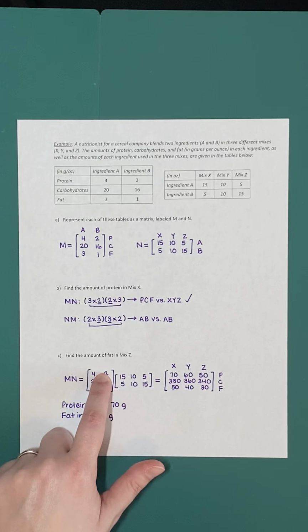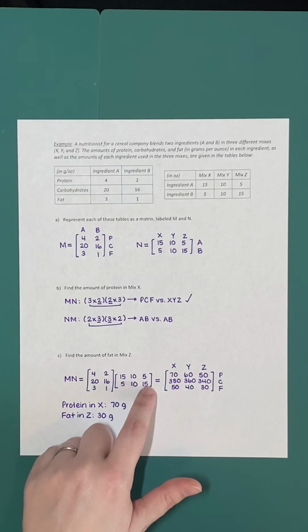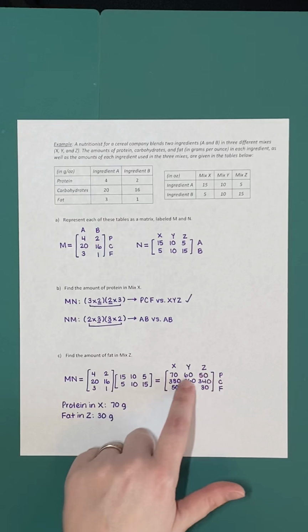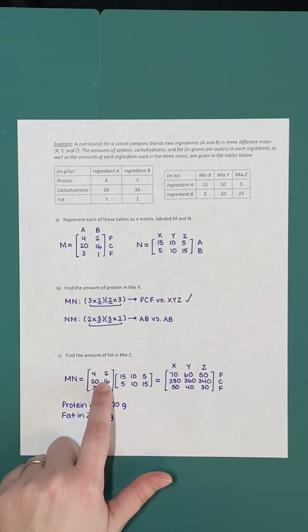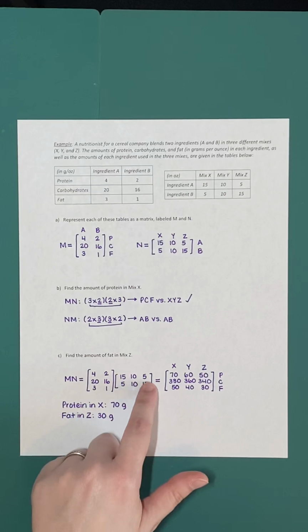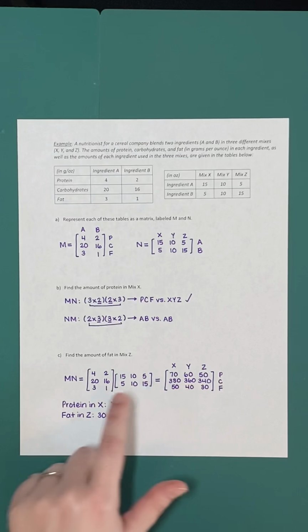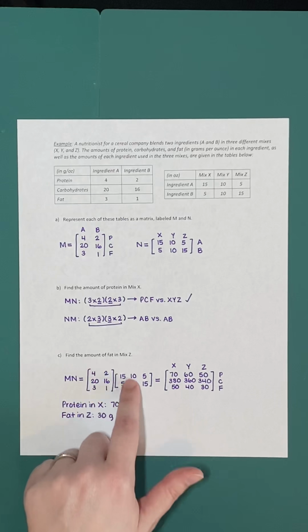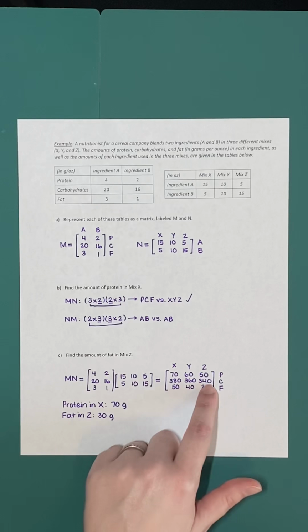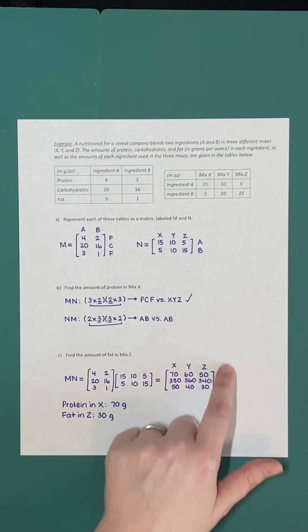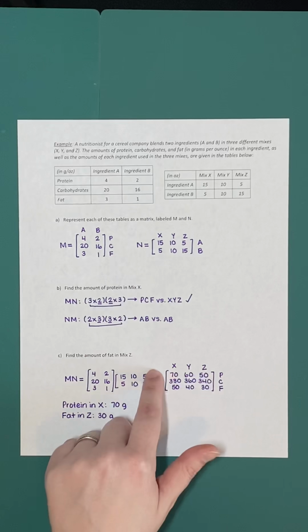So across the row and then down each of the columns, that's going to give us everything in our first row, across the second row, down the columns, that's going to give us our second row, and then across the bottom row and down the columns is going to give us our bottom row. And I want to label the rows, I want to label the columns.